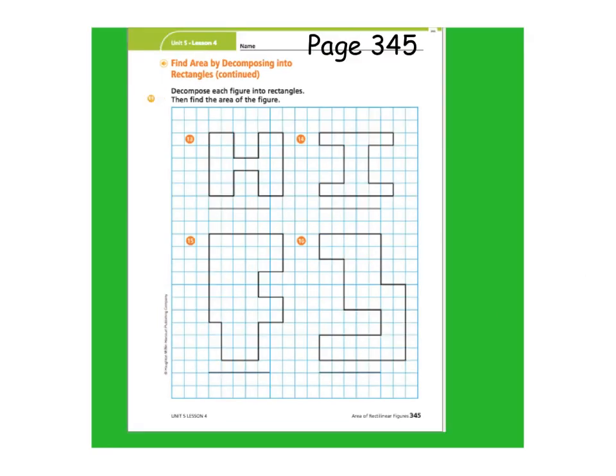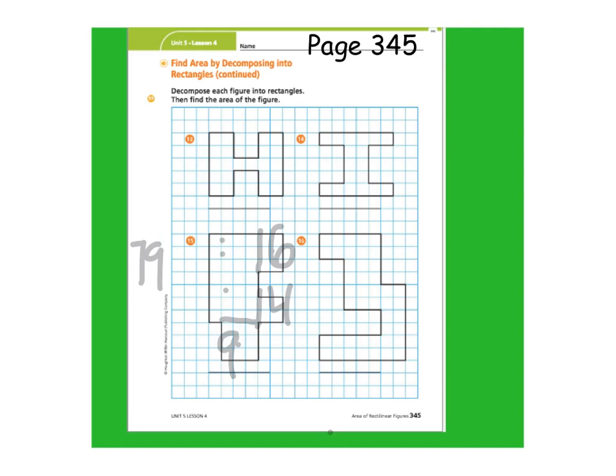So next shape, important too, decompose. So you can decide how you want to do that. I might do that and figure out 1, 2, 3, those 4 different shapes, and then find the sum. So 3, 6, 9, 2, 4, 2, 4, 6. So that's how many squares make that up. So that's 19. And then on this one, I have a 1, 2, 3.